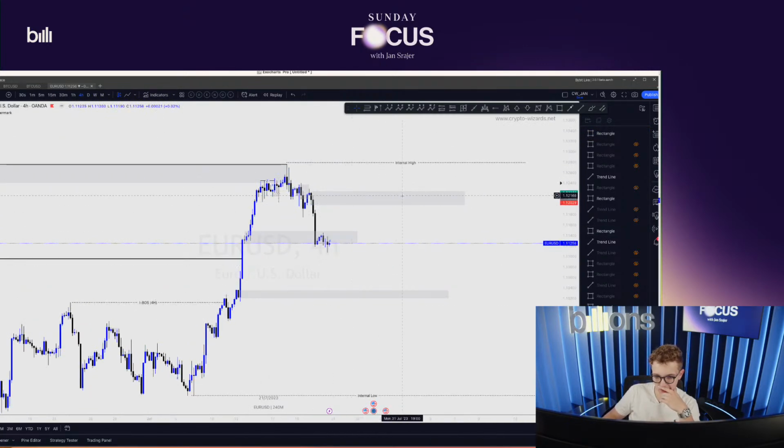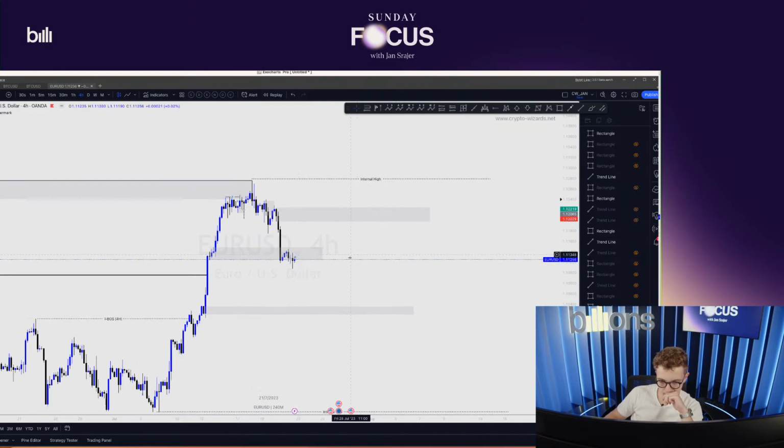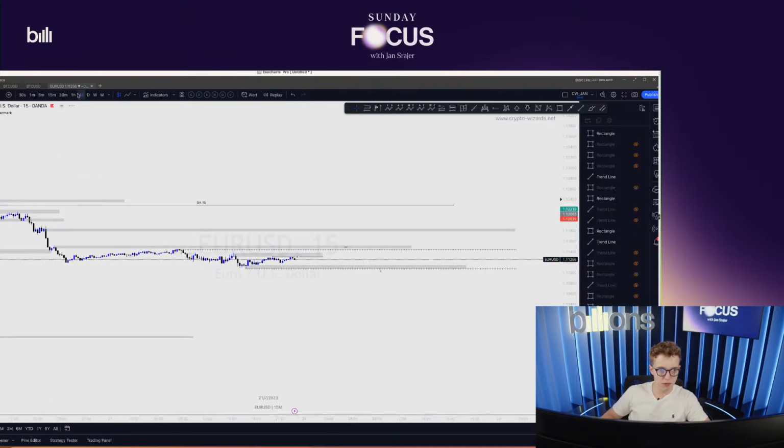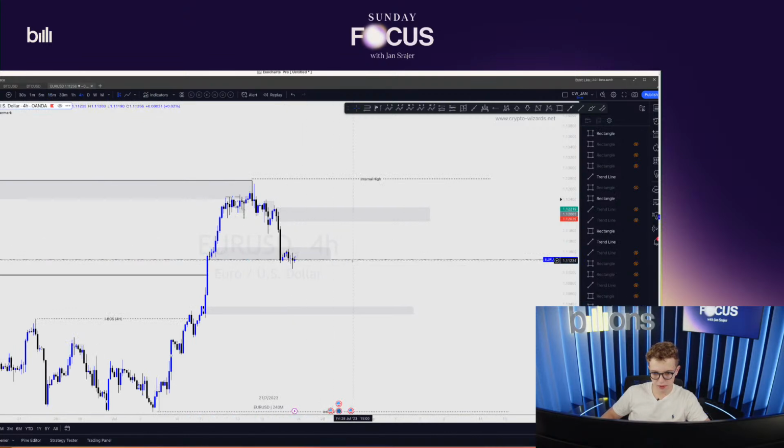We'll see how it goes from there. This level is actually pretty crucial right now as we are speaking. Let's just do this.